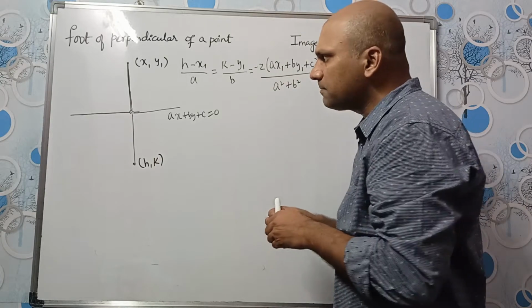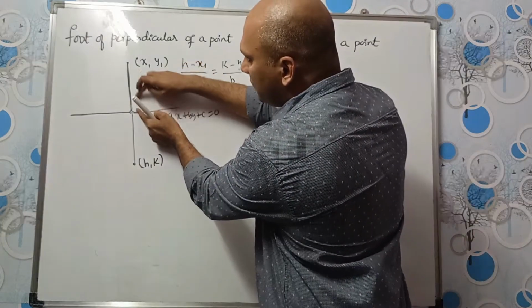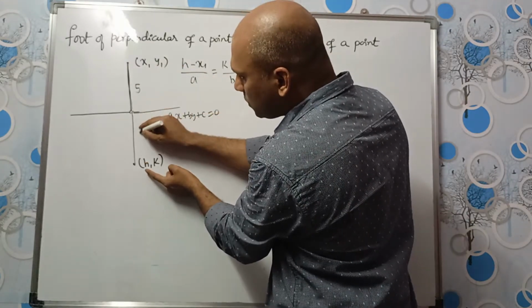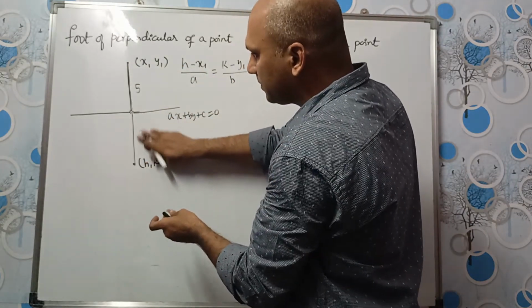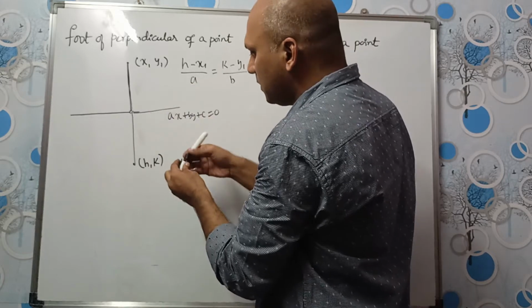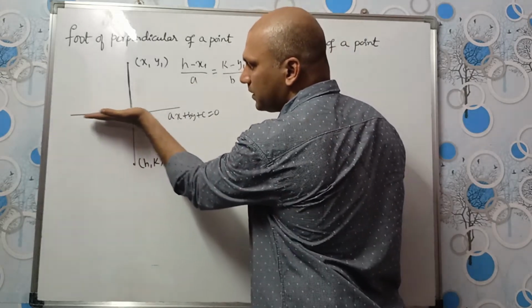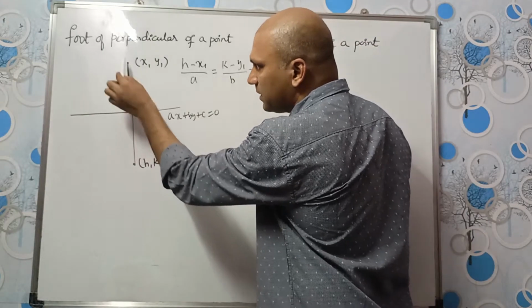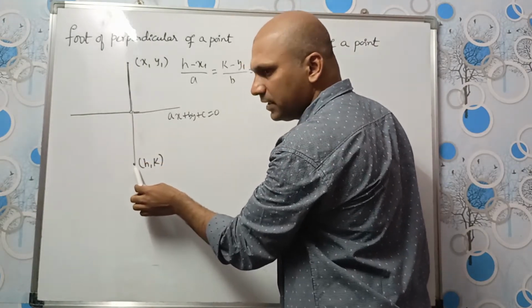If this distance is, let us say, 5 units from here to here, this distance will also be equal to 5 units, right? It is like we are placing a mirror here. In place of this line, if we place a mirror, this point will be visible in the mirror, right?